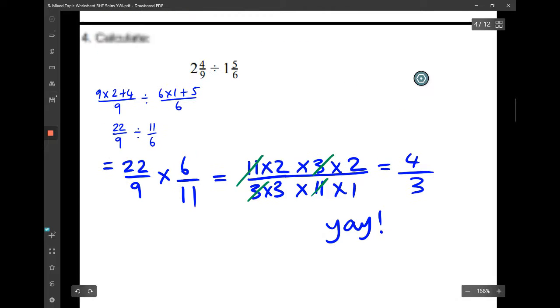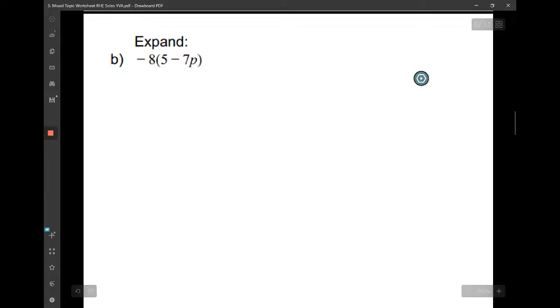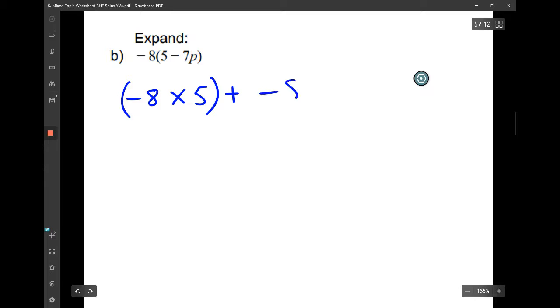Okay, expand. Negative 8 times 5 minus 7p. So we're going to use the distributive law, negative 8 times 5 plus negative 8 times negative 7p.